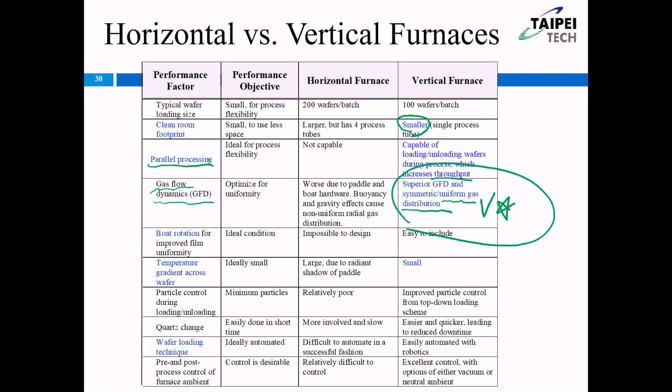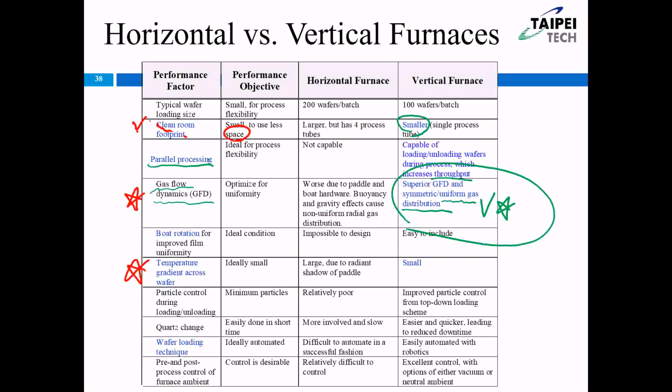Okay, and then for the most important one, I give you the star to show you. Of course, the area is important. We need to save the space, save the area for the clean room. But the most important is this one, okay?